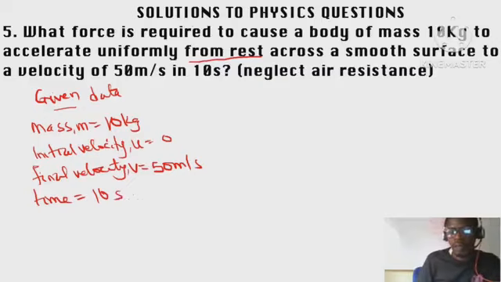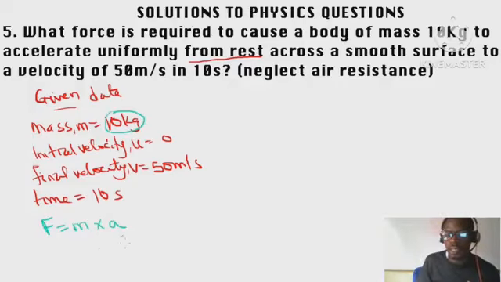Now from here we are going to find the acceleration before we can calculate the force, because force, as you know, F equals mass times acceleration. We are given the mass already, then we need the acceleration.